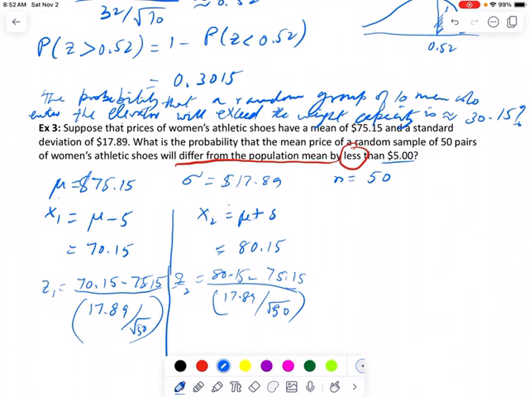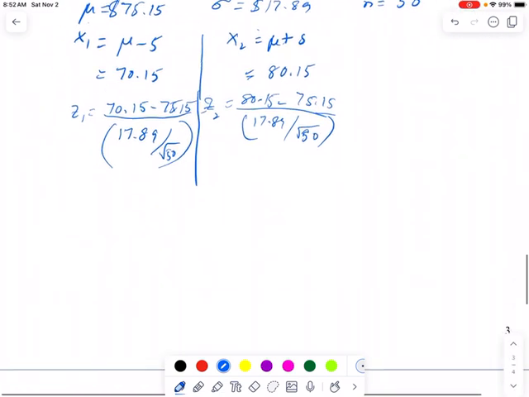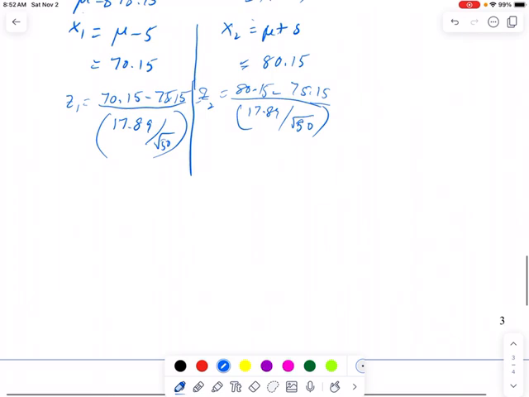So now note here, I mean, yeah, you can go ahead and plug it in your calculator and find the z values, but let me emphasize something here. If you take the difference of the numerator, you will see that you end up getting a negative 5 on the top.